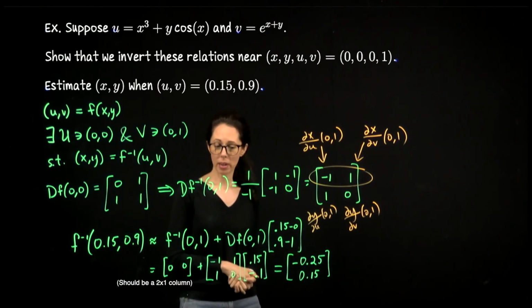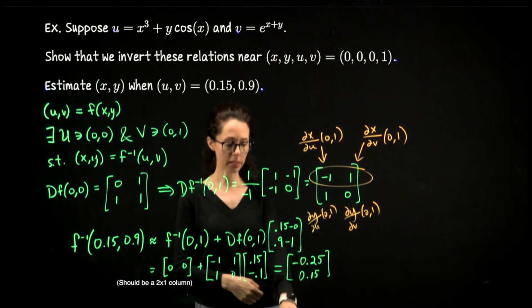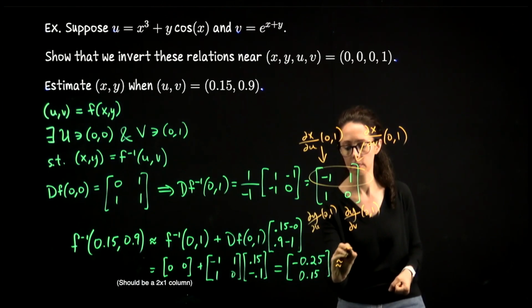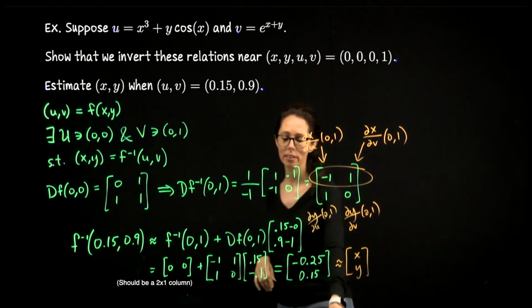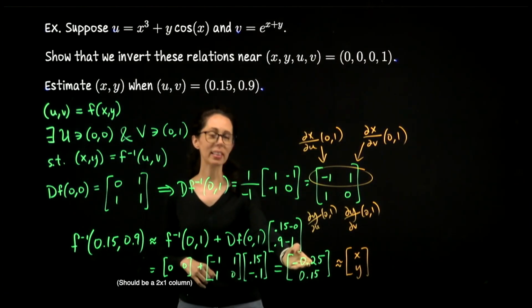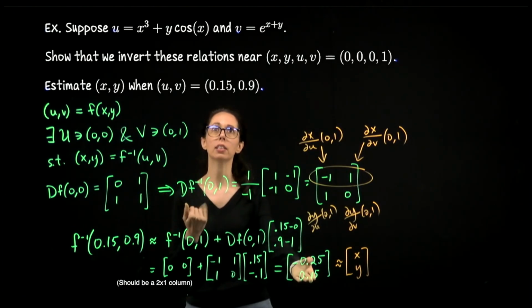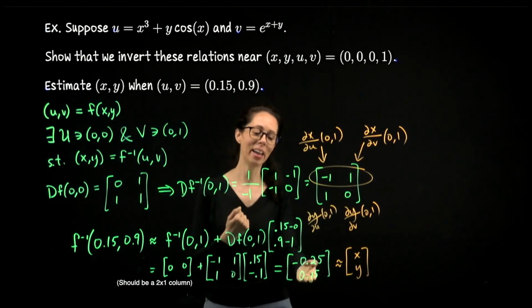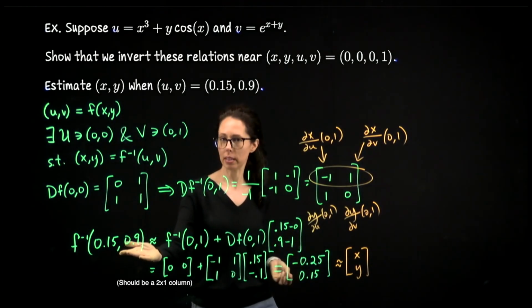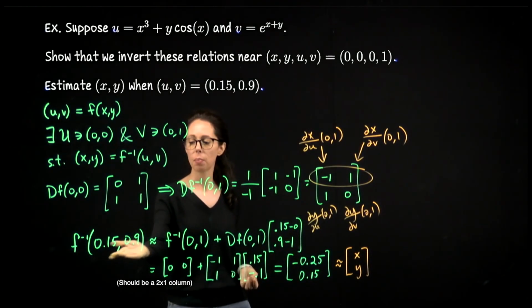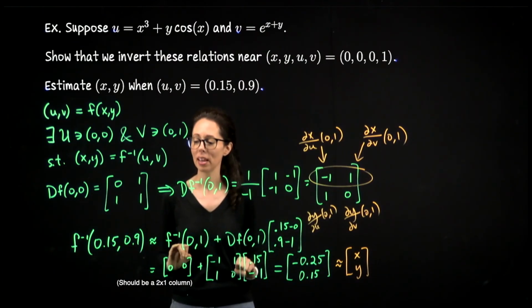How can you test if this approximation is good? Does it make sense? Take this. So this is approximately x, approximately y. Just to check yourself, make sure that I'm not way off base here. Plug this in for x, plug this in for y, back in the original function that we started with. So we have u and v defined as functions of x and y. Here's an x value, here's a y value. Plug these in for u and v and see if you get to approximately these values. It's going to be an approximation. But as long as you're reasonably close, then that means that probably I didn't make a mistake here.